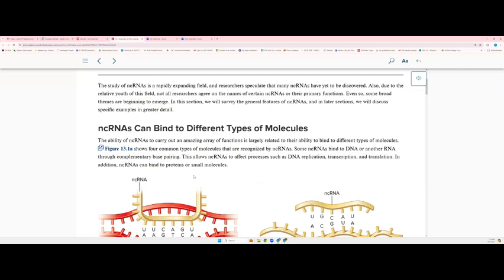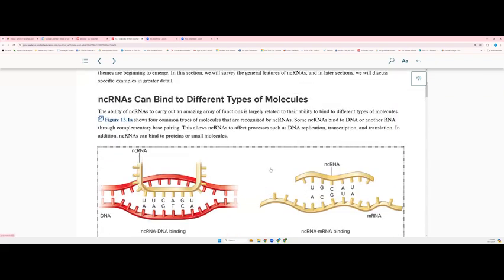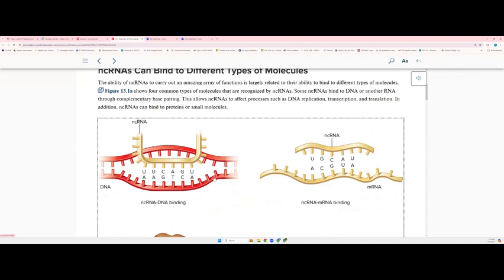What's the usage of non-coding RNA? There are several types of application for non-coding RNA. Here we show four common types.